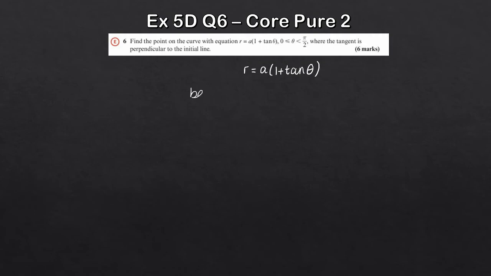So because it's perpendicular, this time we're working with x equals r cos theta. Okay, so what we also know is that dx by d theta is equal to 0.